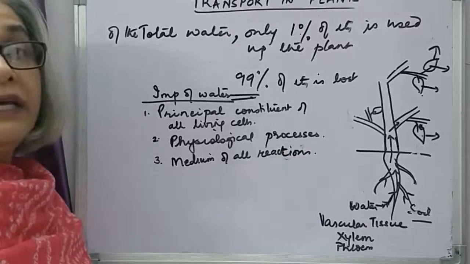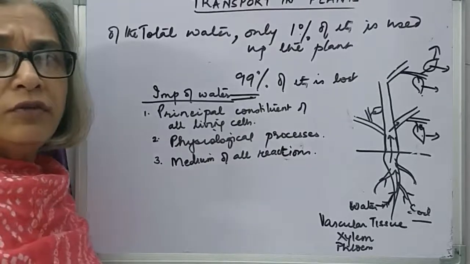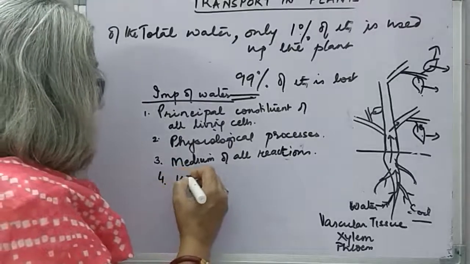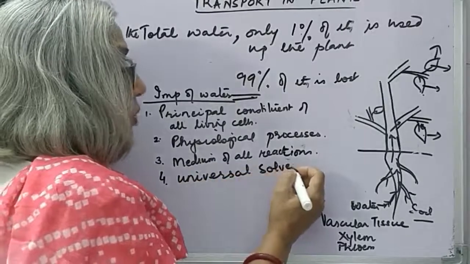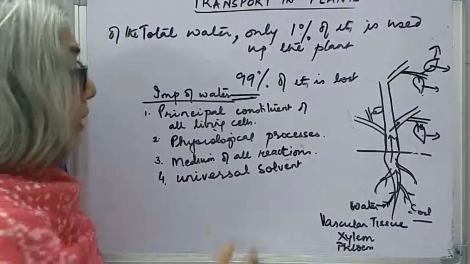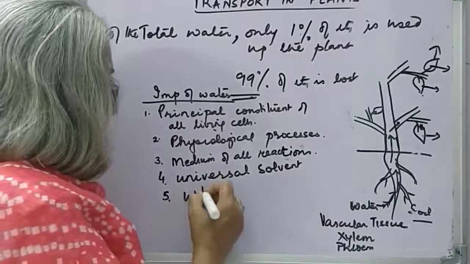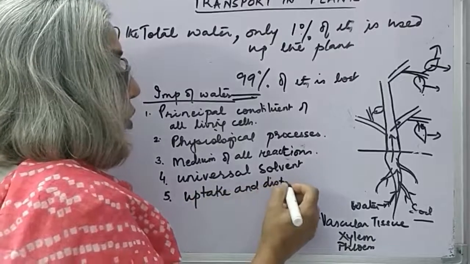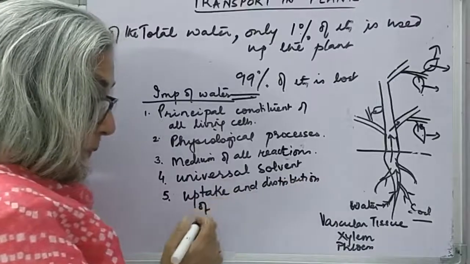Then water is a universal solvent. Almost everything dissolves in water, and that is how we can say the importance of water, that it is a universal solvent. All the solutes, all the substances are dissolved in water, and we say that water is needed for the uptake and distribution of substances within the plant body.